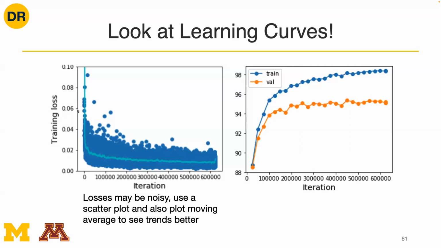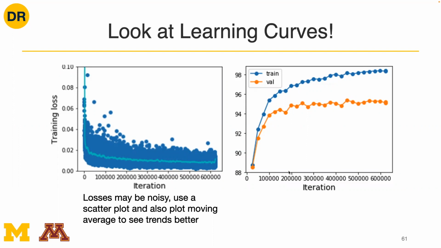If you plot the individual batch loss as, let's say in this case, blue scatter points, and then also the mean of the loss across some sliding window, you can get a sense of the trend for what the mean of the loss is doing, but also the variance over time. Usually what you'll want to see is that the variance starts to converge, but also the mean is converging downward.